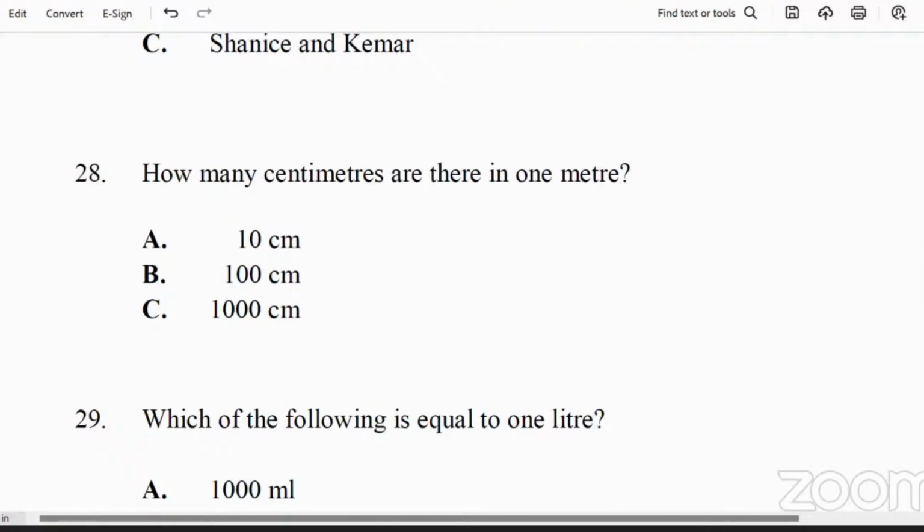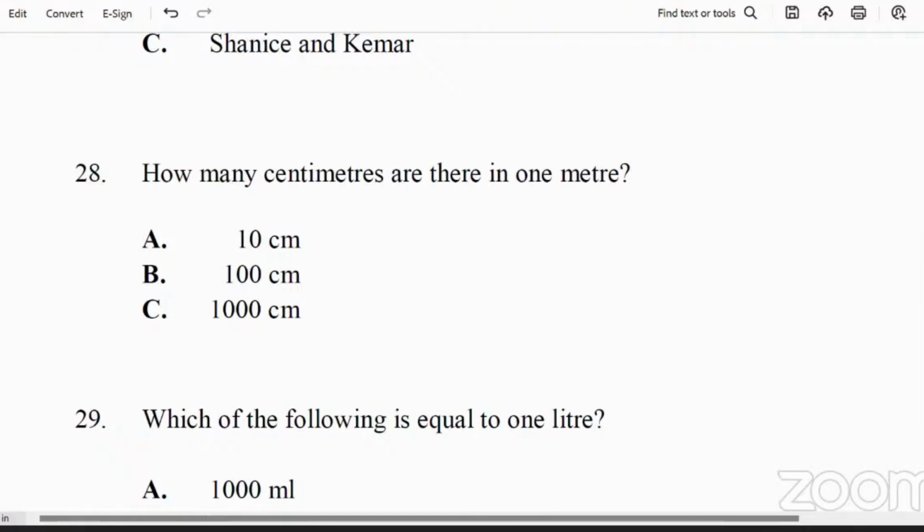Now, question 28. How many centimeters are there in 1 meter? All right, so you have to know how many centimeters. You have to know the metric system, okay? 10 centimeters. Is that how it goes? No. 10 millimeters, 1 centimeter, 10 centimeters, 1 decimeter, 10 decimeters, 1 meter, and so on. All right, so how many centimeters are there in a meter? Remember, I don't know if you know, but the word cent comes from 100.